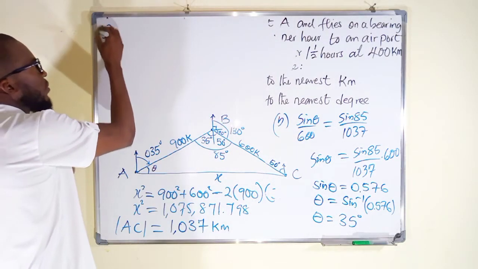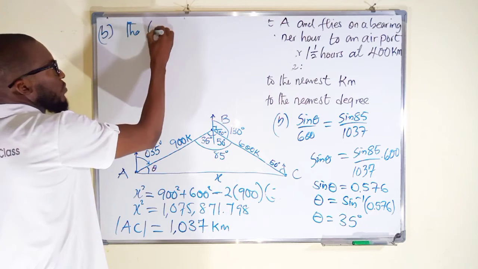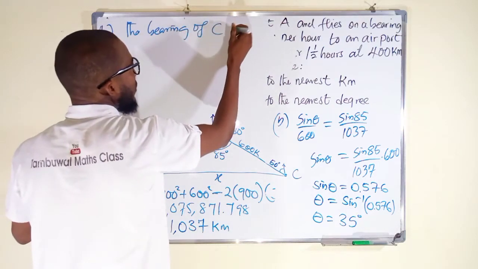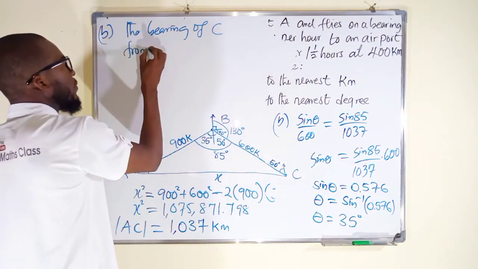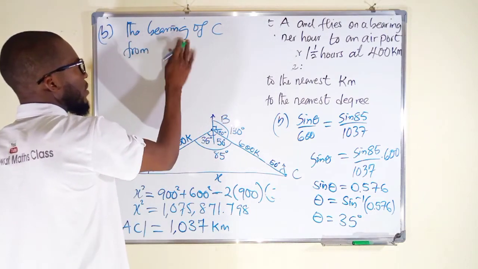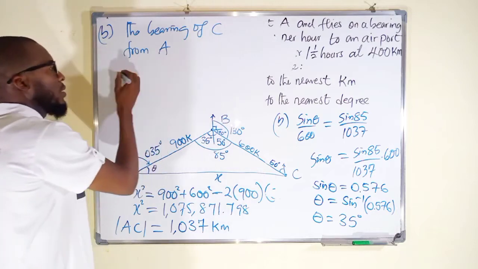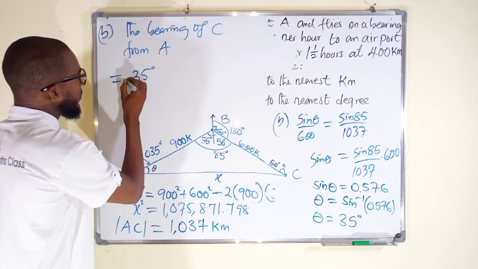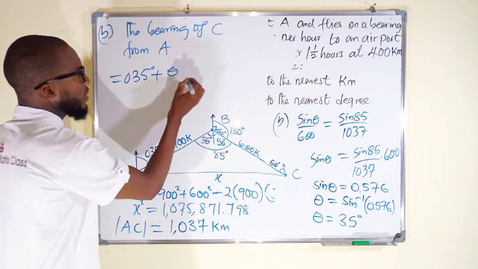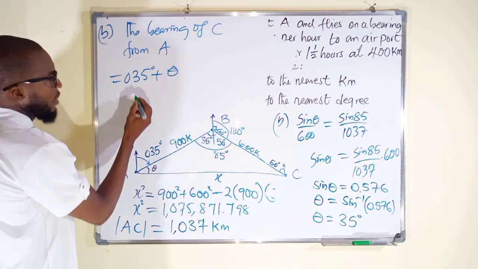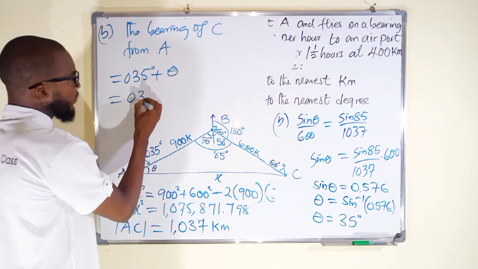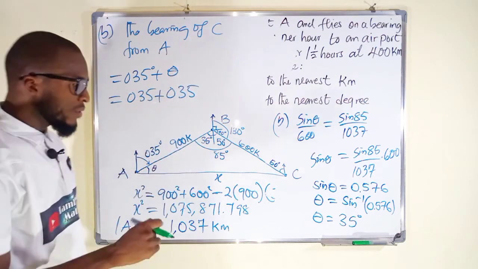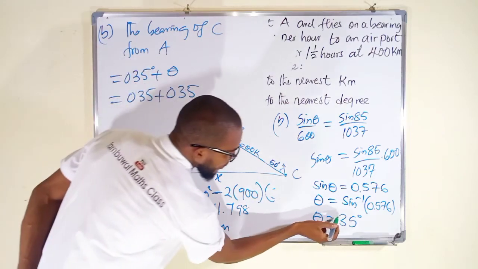So the bearing of C from A is equal to 35 degrees plus theta, and this is equal to 35 plus another 35 because they are all the same.